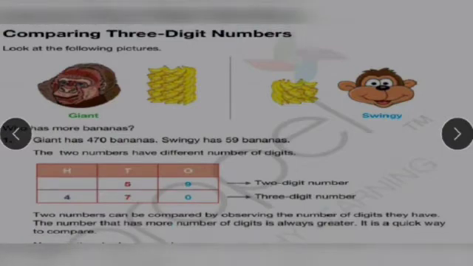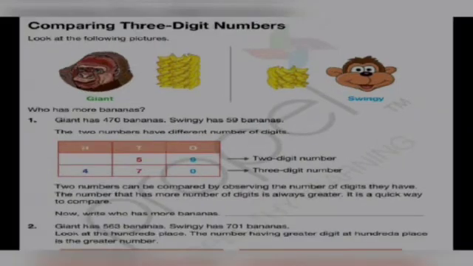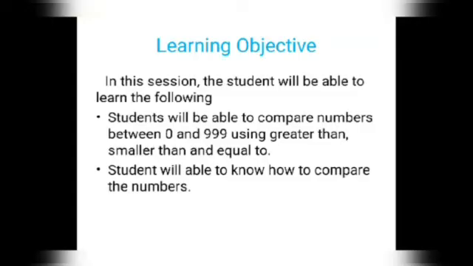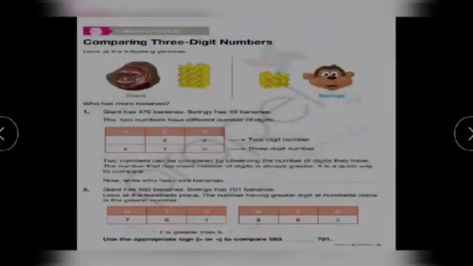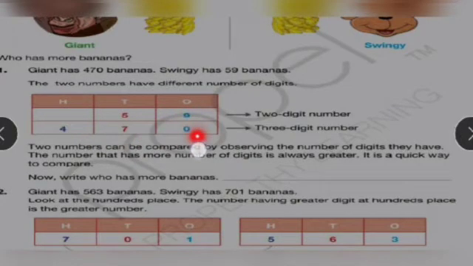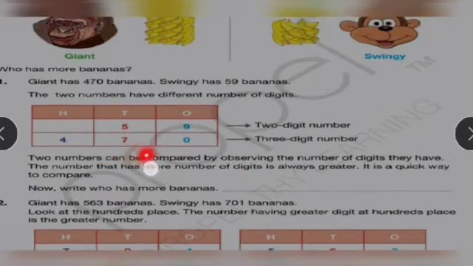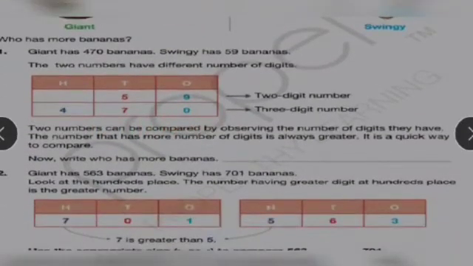Children, two numbers can be compared by observing the number of digits they have. For example, 59 has 2 digits and 470 has 3 digits. The number that has more digits is always greater.